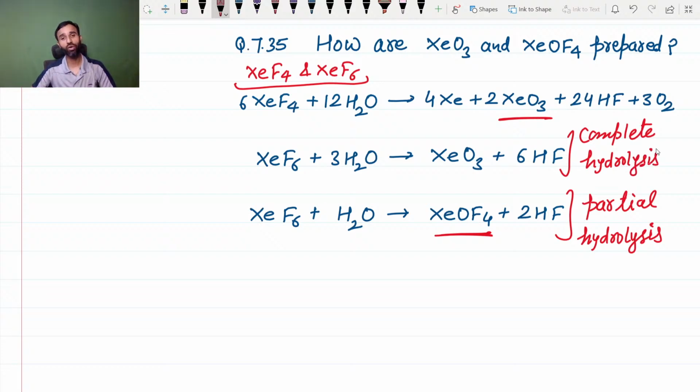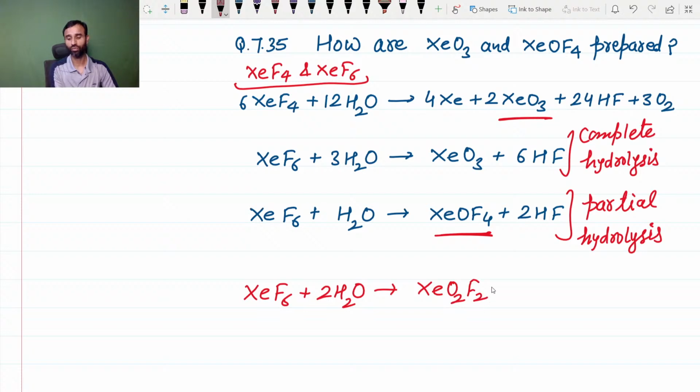So complete hydrolysis of XeF6 gives XeO3 and partial hydrolysis will give XeOF4. Even if 2 moles of water are used, that is also partial hydrolysis, then we get XeO2F2 along with 4HF. This is also one part of partial hydrolysis.